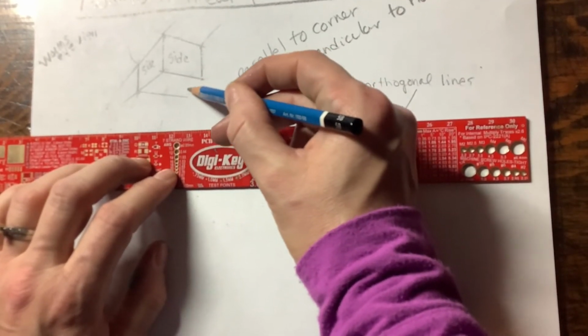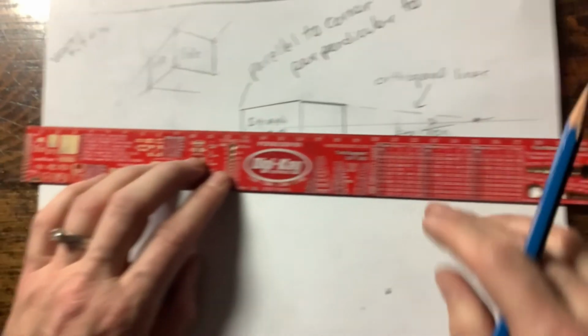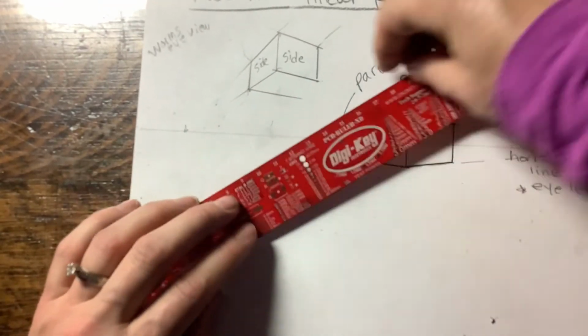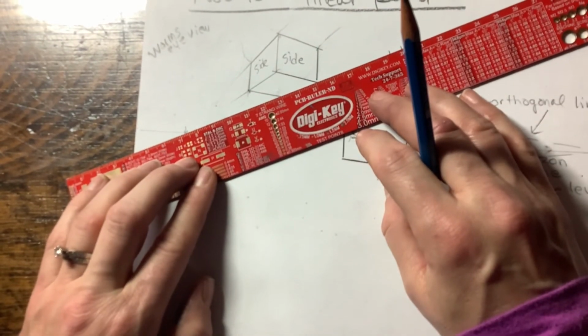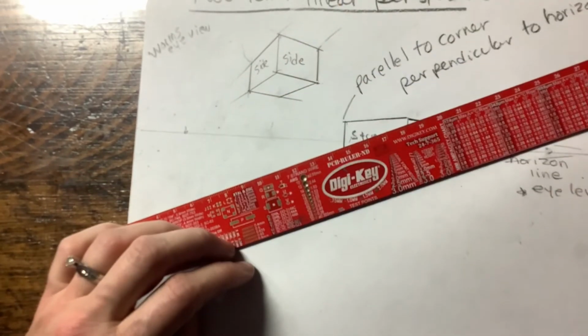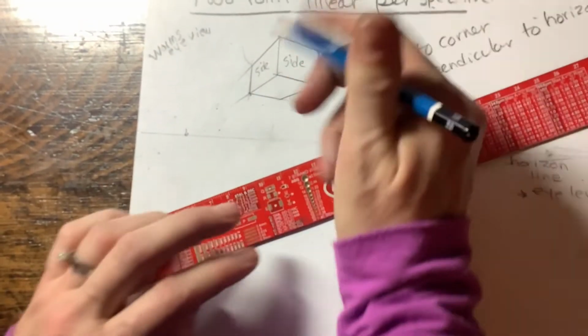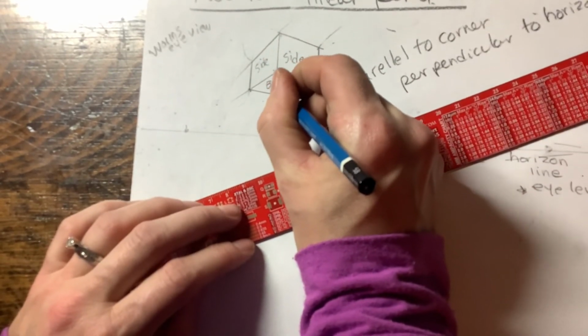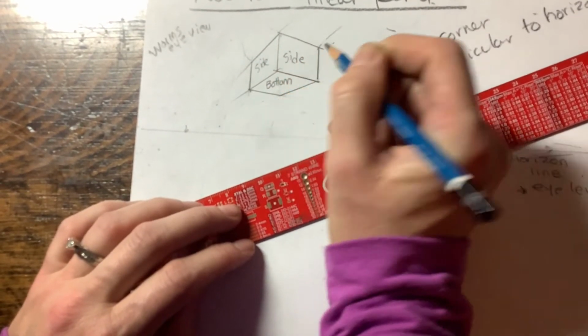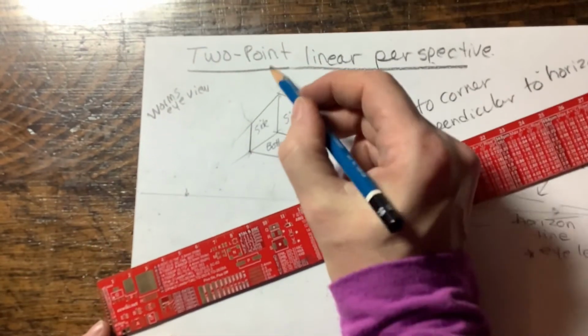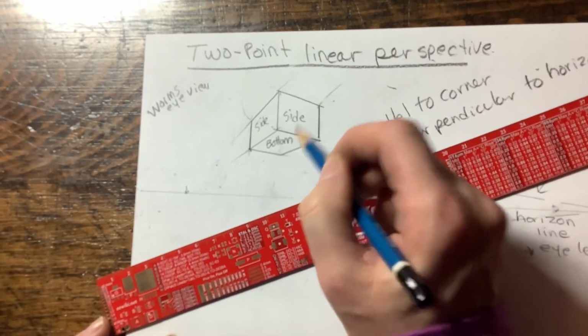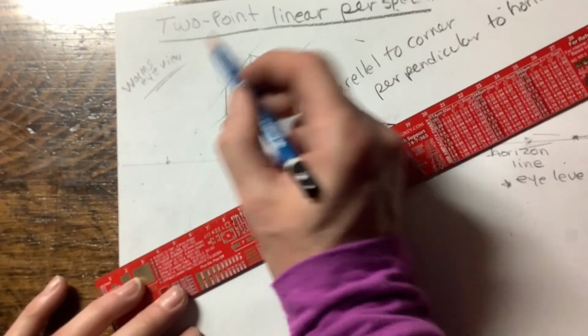And now I'm going to do this corner, which moves towards the left horizon line. And then that's the bottom of the box. So the top you don't see, you see two sides and a bottom for worm's eye view.